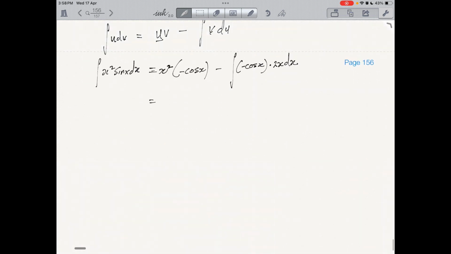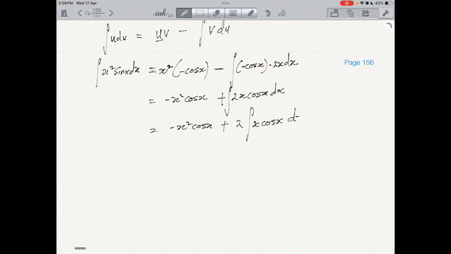So this becomes minus x squared cos x, minus, we multiply the minus here to give us plus, 2x cos x dx. 2 is a constant, it can be brought out. That will be minus x squared cos x plus 2 integral of x cos x dx.